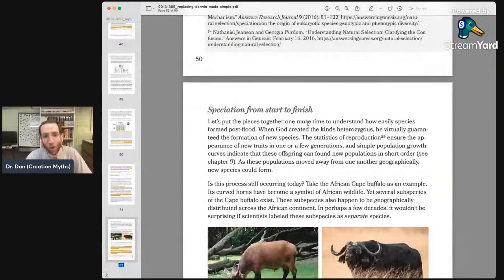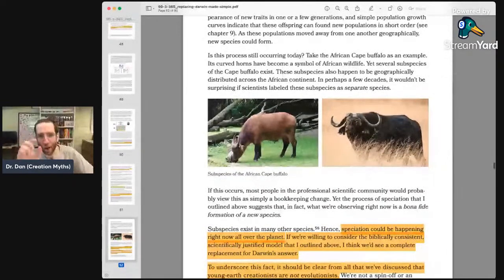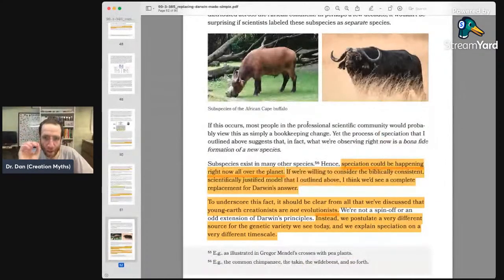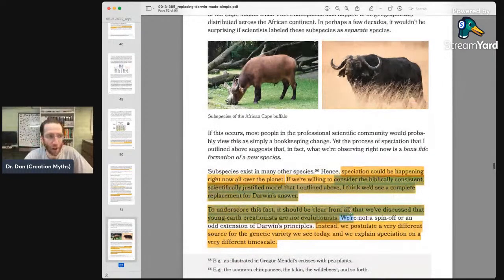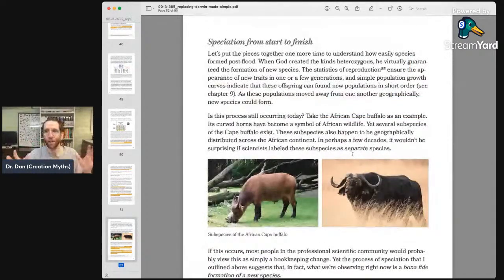No. In order for that to work, think about how this would have to work. I'm going to come back to this stuff, but think about how this mechanism would have to work. You have 8 variants of a gene, right? You've got a highly heterozygous population. Each of those variants leads to a slightly different phenotype. And then you've got 8 species that are going to be descended from that created kind.